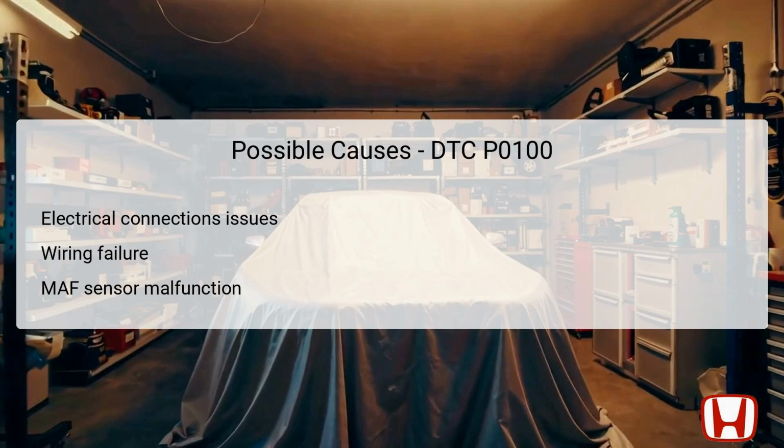Second, wiring failures, including shorts, opens, or broken wires, can prevent the MAF sensor from sending accurate readings to the ECU. Lastly, a malfunctioned MAF sensor itself is a common culprit and may need replacement if the above checks do not reveal any issues. Identifying the specific cause allows for a more efficient and effective repair, minimizing further complications.